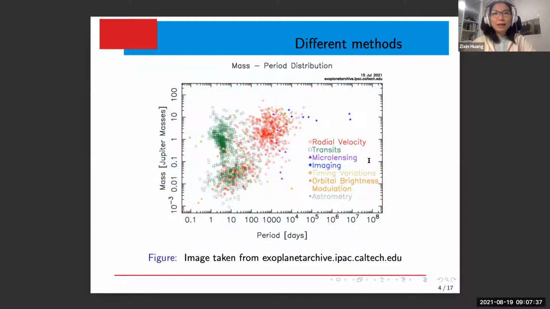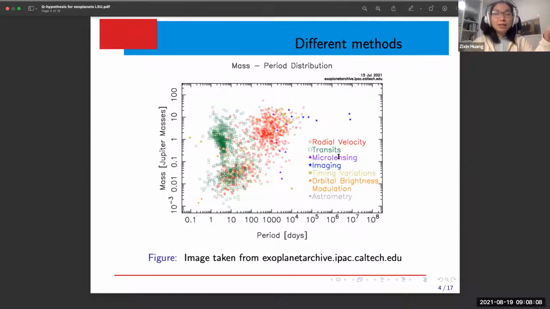And then I think direct imaging is the third most popular method. But as you see over here, this is plotting the mass of the planet that's been found, and on the other axis is the period. So transit methods and radial velocity methods are typically more sensitive to planets which are closer to the star, because you basically have to see them edge on.